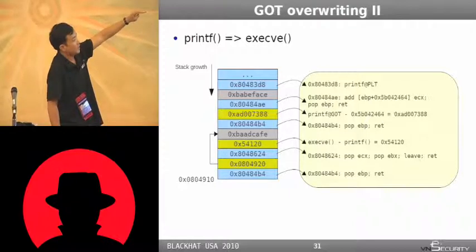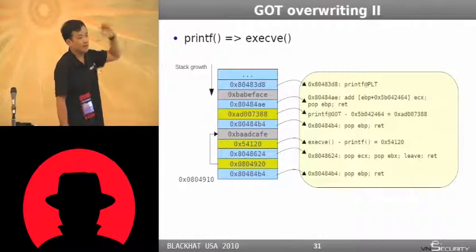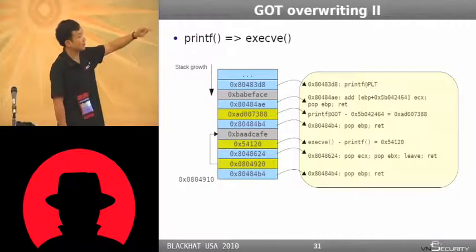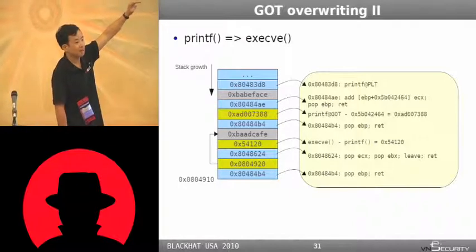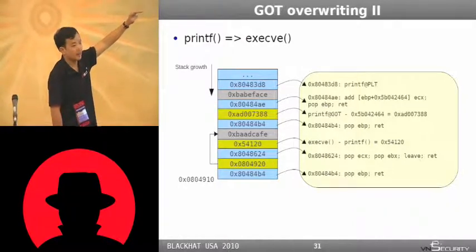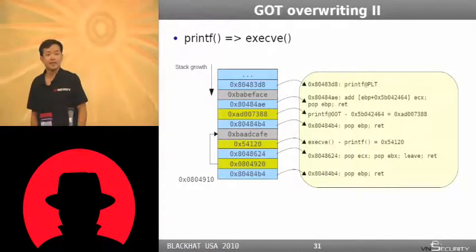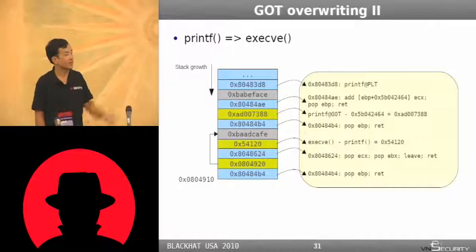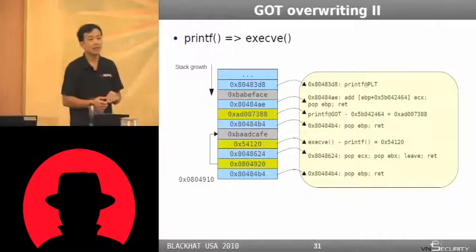Next, we add the value in the ECX to the memory location, here the GOT table. Pop EBP is unused. Then we call the printf in the PLT entry, and now it points to the execve function. So that's how the GOT overwriting works.